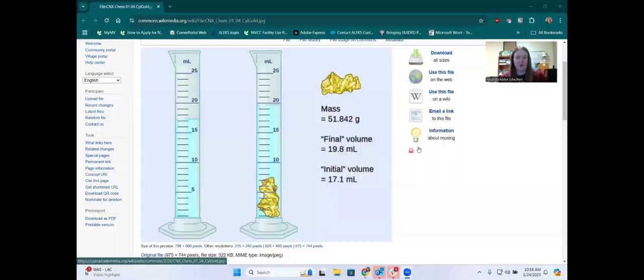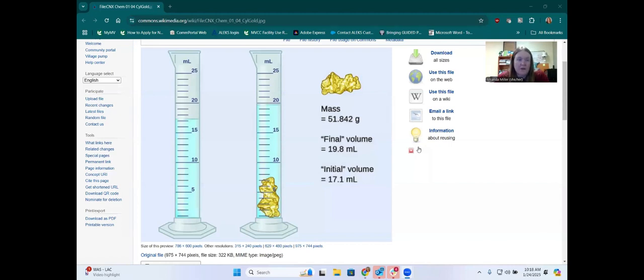Okay, so when we're reading a graduated cylinder, we're going to figure out the value of each of the marks and then estimate one more place value. So in our laboratory experiment, we're going to use 100 mL graduated cylinders. But first, I want to share a picture, like a cartoon drawing, of what we're looking for here.